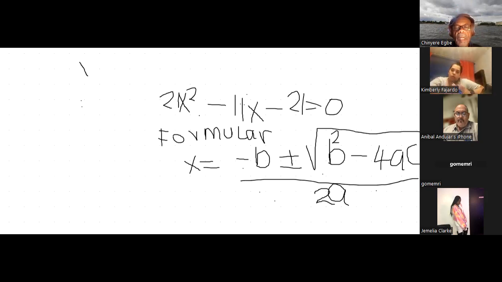And minus b will be minus times minus 11. It will be 11. So I'm going to use this formula to solve this same equation. And after we do that, then we'll go and look at one of your homework assignment problems and solve it.